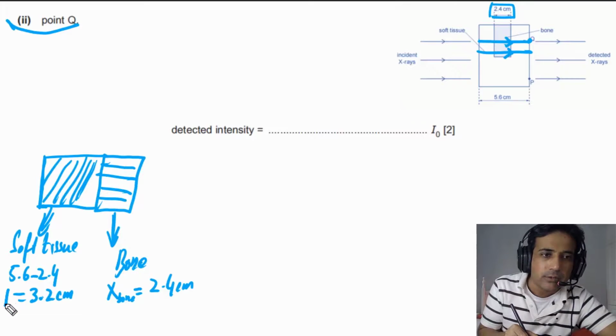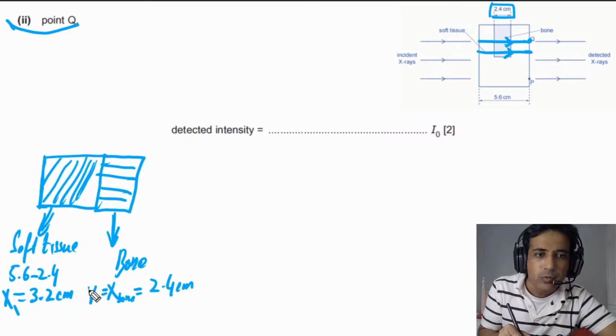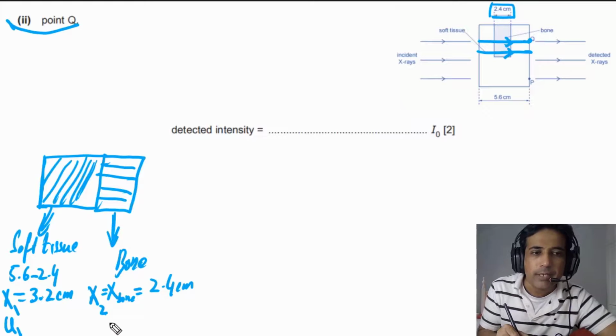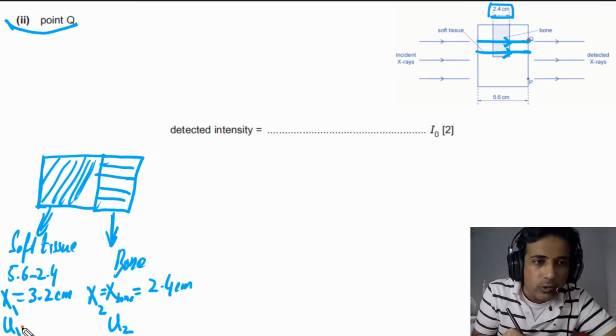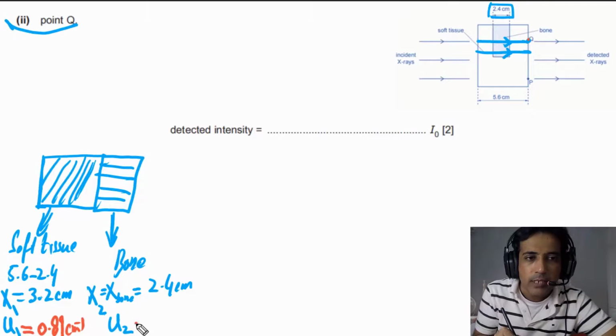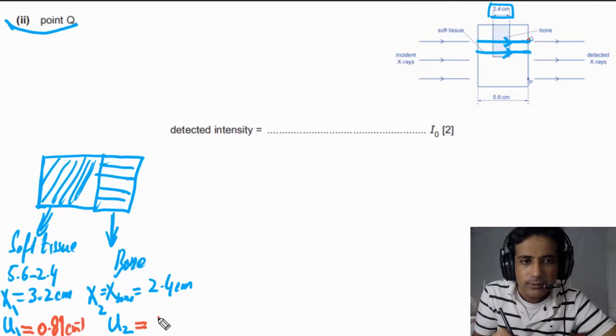We can say thickness of soft tissue is x1 and the thickness of bone, let's say this is x2. So the mu for soft tissues we can say is mu1 and the mu for bone, let's say, is mu2. Value of mu for soft tissues is given to us, that is equal to 0.9 per centimeter. And value of mu for bone is also given, that one is equal to 3.4 per centimeter.